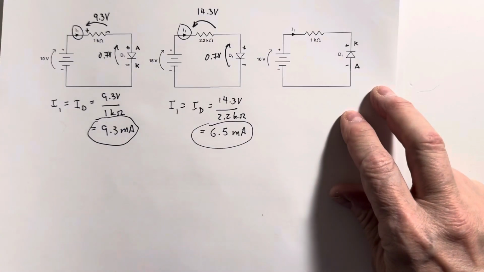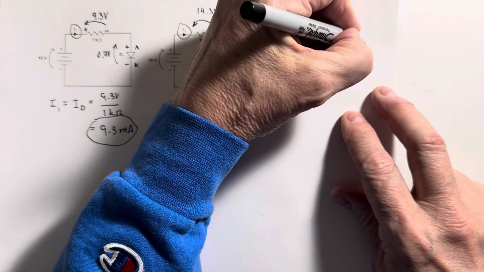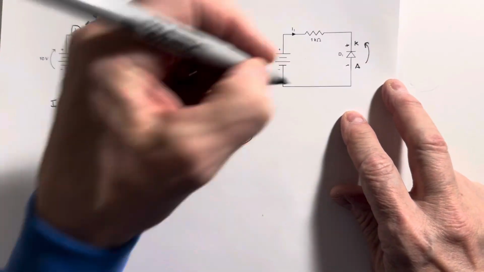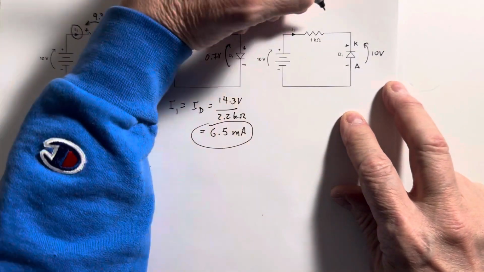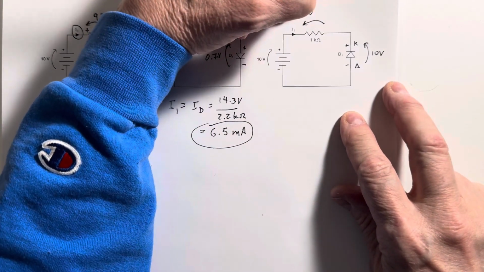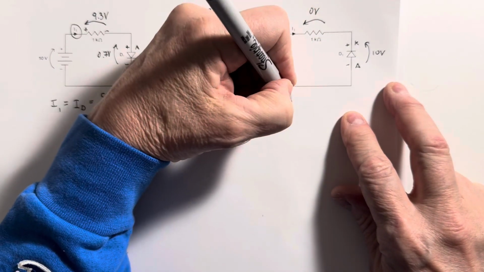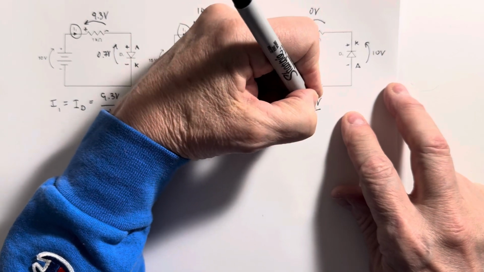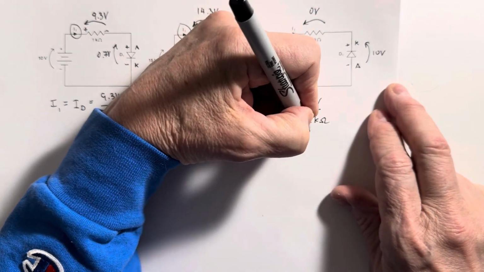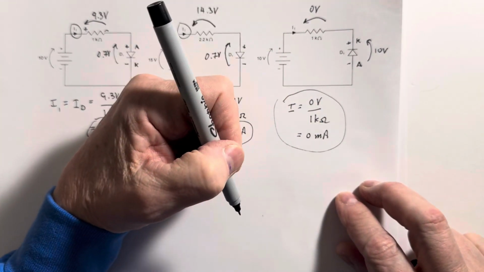That means it's acting like an open circuit, so the entire applied voltage will be dropped across the diode. If we have 10 volts here, we're going to drop 10 volts here. That leaves 0 volts to drop across the resistor. And again, I is equal to V over R. 0 volts divided by 1 k ohm is 0 milliamps. So we've got no current flow.